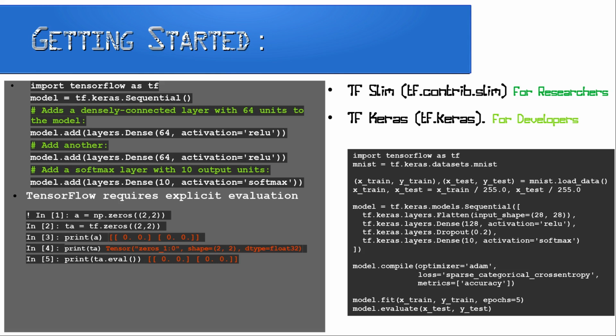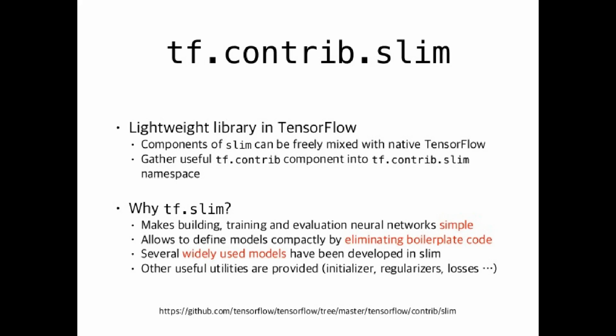Components of tf.slim can be freely mixed with native TensorFlow, as well as other frameworks such as tf.contrib.learn. So now let's explore how to use TensorFlow Slim. You can use TensorFlow Slim in the code by calling the import statement import tensorflow.contrib.slim as slim. Then we can use all its classes and related functions.